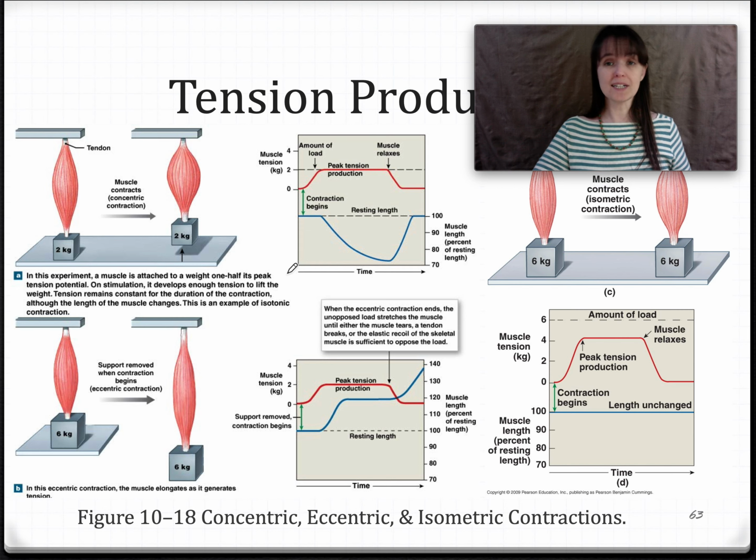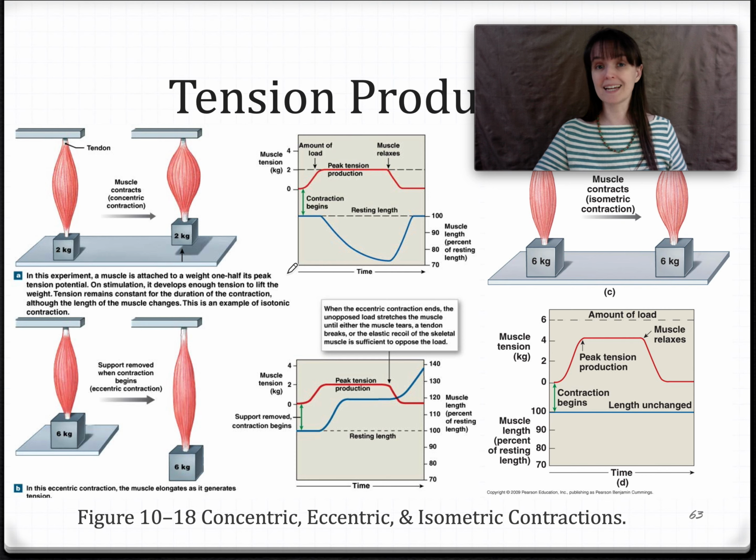So isotonic contractions have the same tension, which means they change in length. So in an isotonic contraction, the skeletal muscle changes in length. Compare that to an isometric contraction, where metric means something you can measure, in this case length. So isometric contractions are skeletal muscles that are contracting at the same length, which means they're changing in tension.